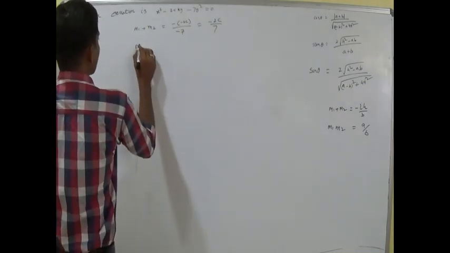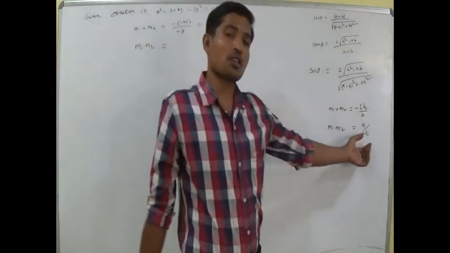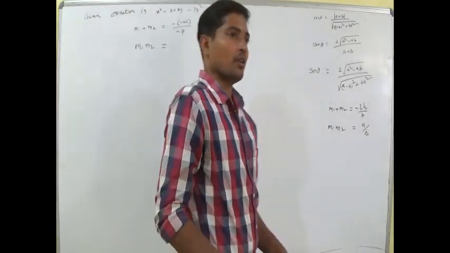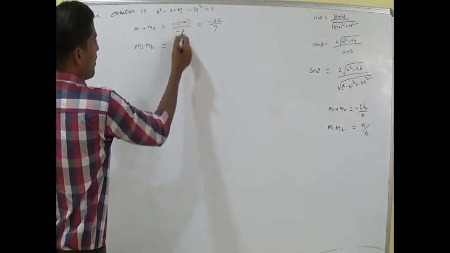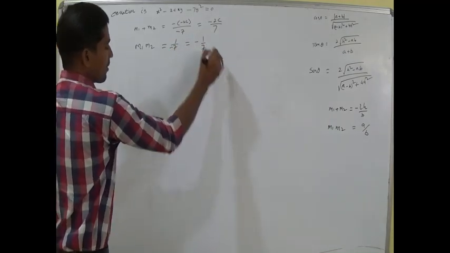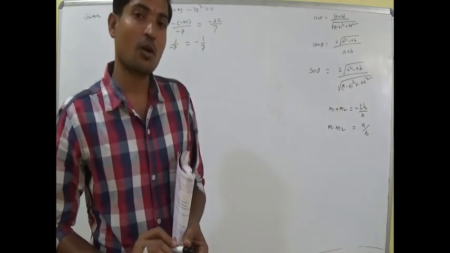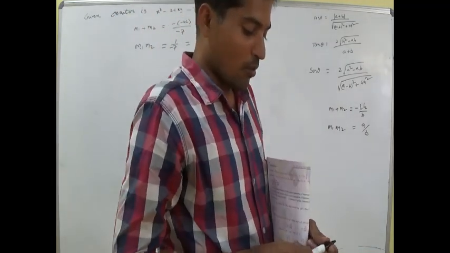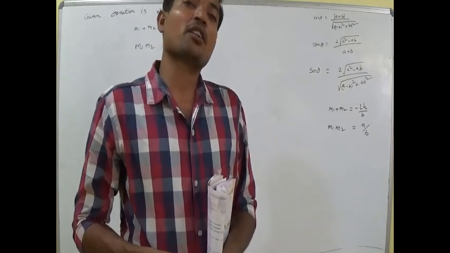And the product of the slopes m1 m2 equals a by b. What is the value of a here? 1. b is minus 7, which equals minus 1 by 7. According to the problem, the sum of the slopes equals 4 times their product.